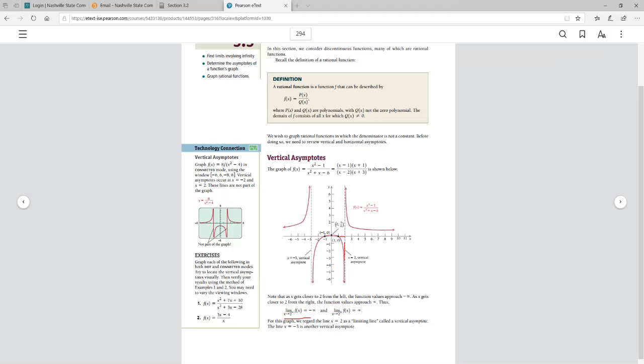Also, if you approach 2 from the right, coming in from the right side, the graph goes up to positive infinity. And again, the graph will get closer and closer to x equals 2, but it can never actually touch the line x equals 2, just like it cannot touch the line x equals negative 3.